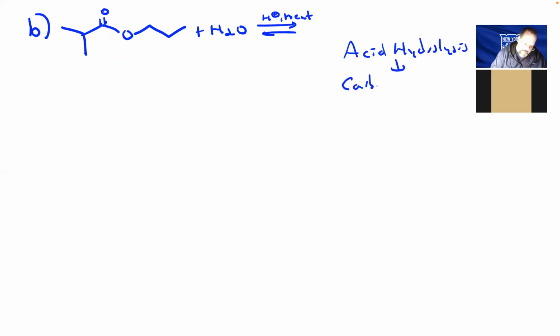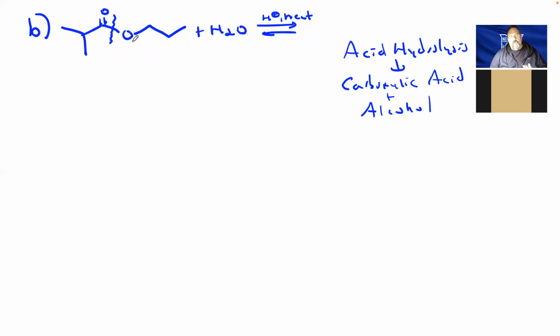So what are the products of acid hydrolysis? It's a carboxylic acid and an alcohol. A couple things for me in terms of drawing the product. First off, where does the ester split apart? The ester splits apart between the C double bond O carbon and the alcohol oxygen.